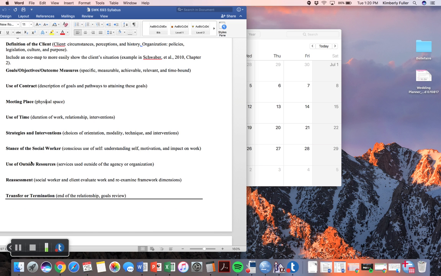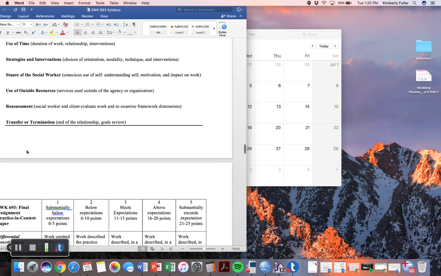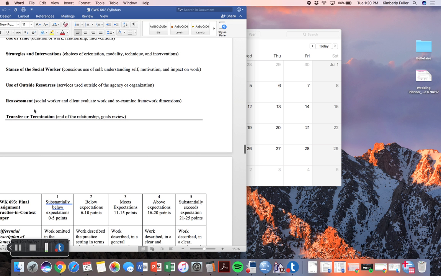Looking at outside resources, so perhaps you can't make changes in your own organization, but maybe there's another organization that would be better suited to provide adequate and competent care for that client system. And then you would reassess and evaluate the work and re-examine, possibly if you're doing any kind of framework dimensions. And then you would also talk about transferring and termination.